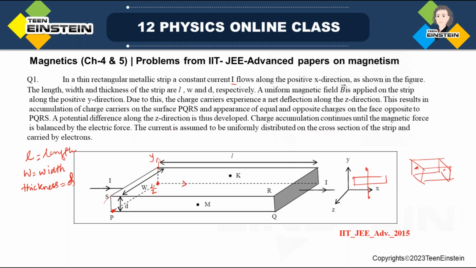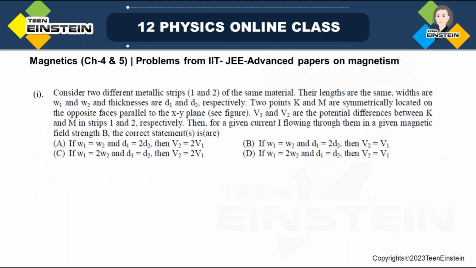The current is assumed to be uniformly distributed on the cross section of the strip and carried by electrons. Now we have questions. Consider two different metallic strips, 1 and 2, of the same material.